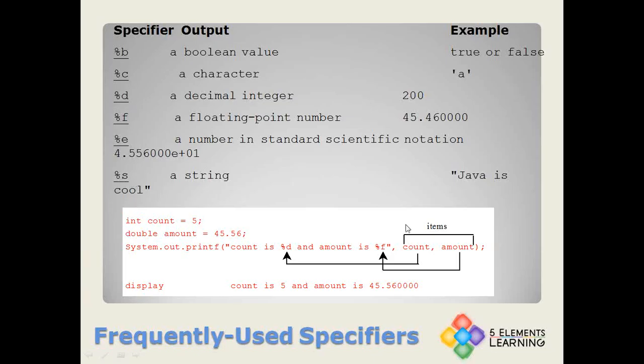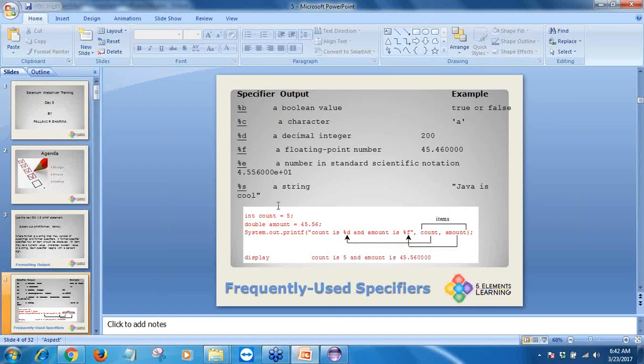Okay, and we provide the items, which are the variables, at runtime. That means at the time of execution, these items will be replacing these format specifiers. For that we use the format system.out.printf. So let's see a small example for it.